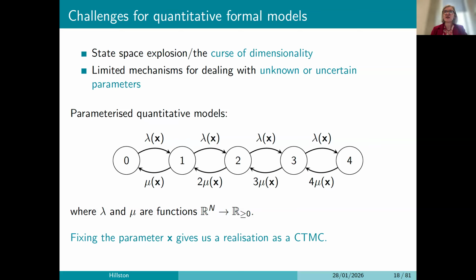So if we have such a system, what this model really represents is a whole distribution of CTMCs rather than a single one. So if we fix the parameter x, so we say that this is the model for, say, 10 o'clock in the morning, then we've got a concrete CTMC.